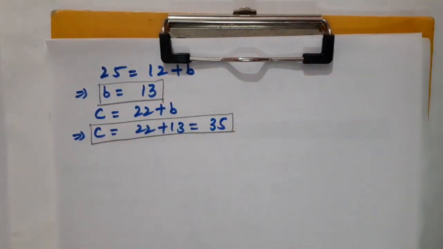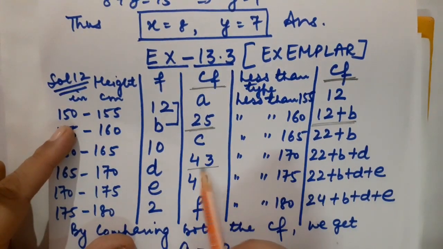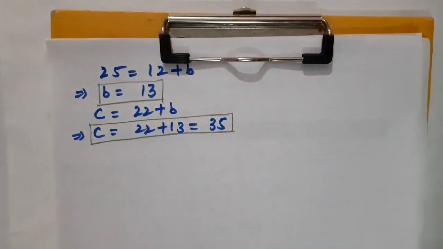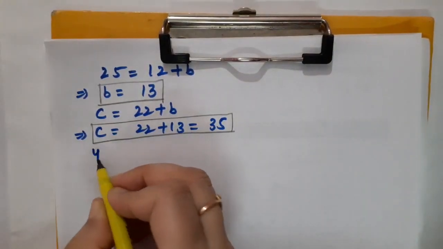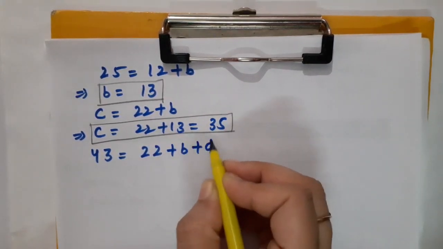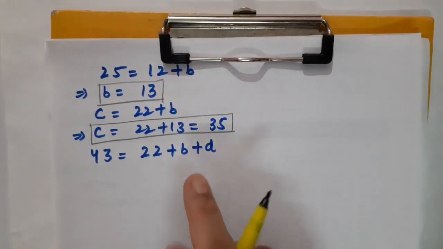So that the values of the unknown variables will be easily visible to me. Now children, the next one is 43, which will be compared with 22 plus B plus D. Let us write here. 43 is equal to 22 plus B plus D. B you know very well. The same value we can insert over here.